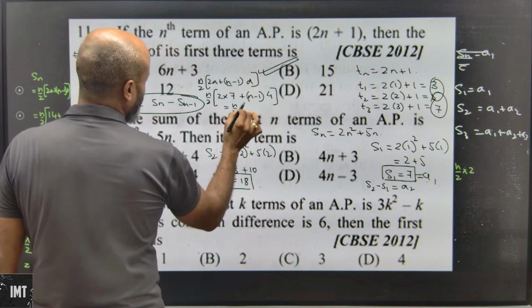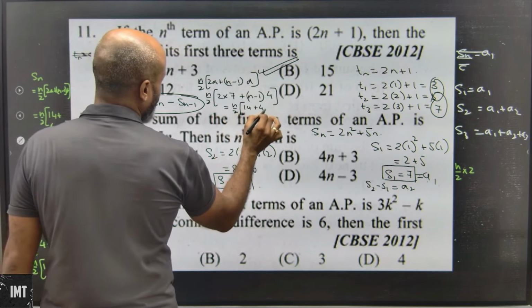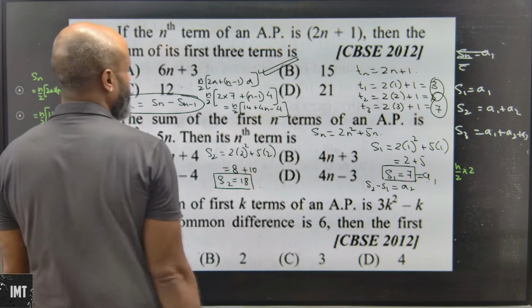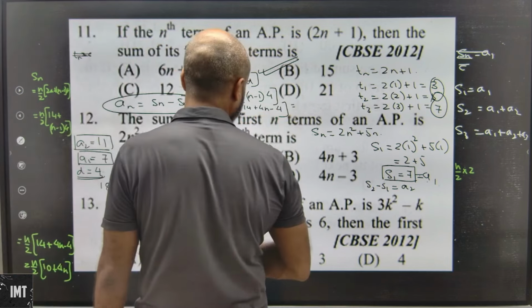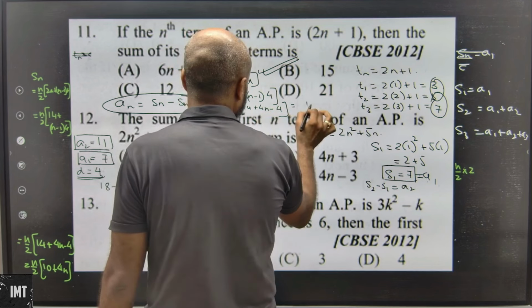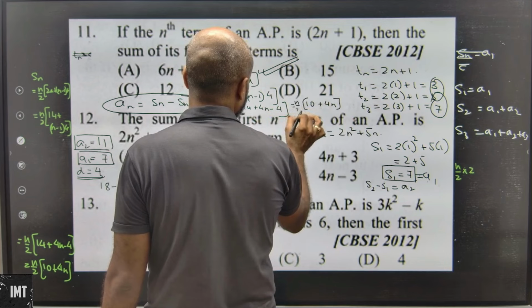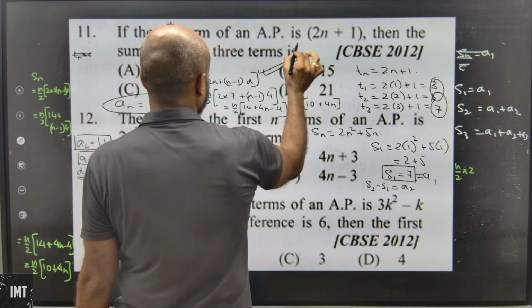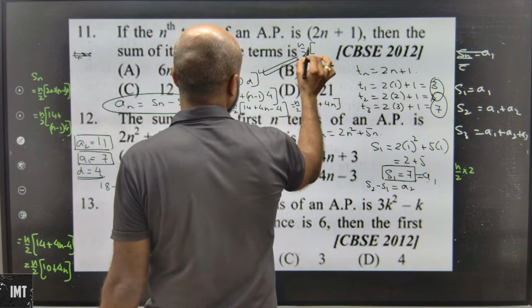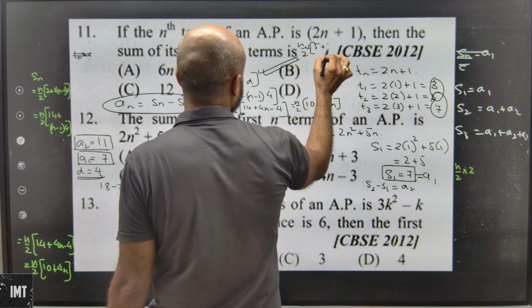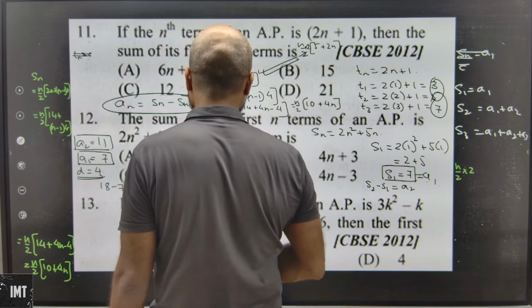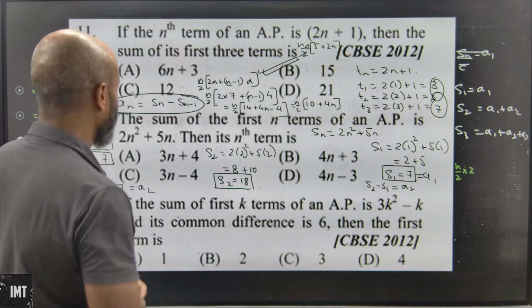So n by 2 into 14 plus 4n minus 4. Why am I not getting the value here? 10 plus 4n into n by 2. That leaves you with n by 2 into 2, 5 plus 2n. So that gets cancelled.